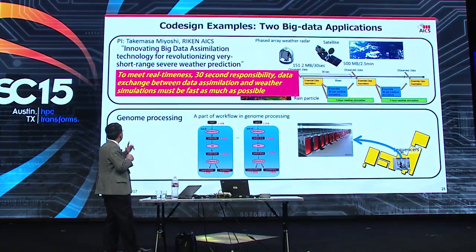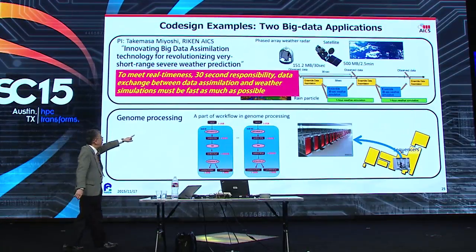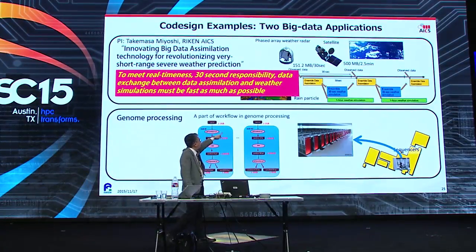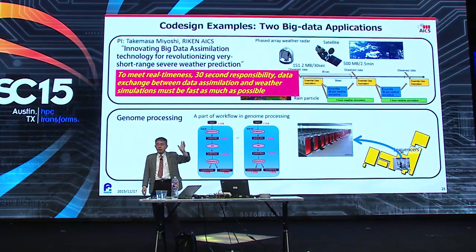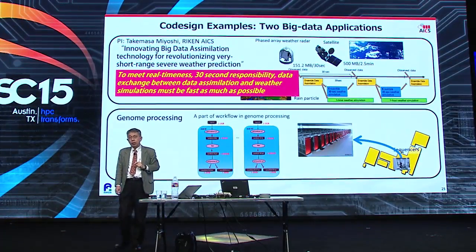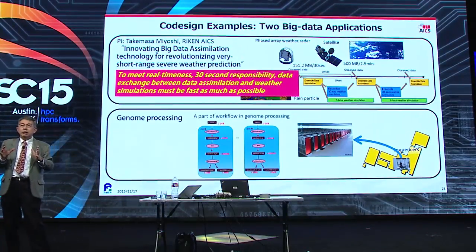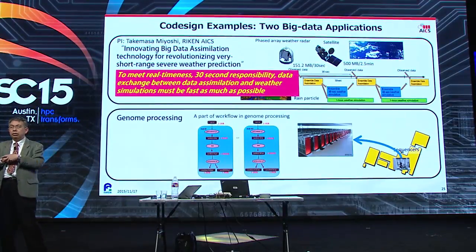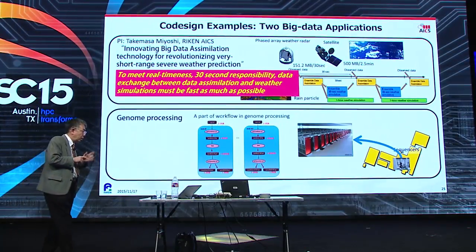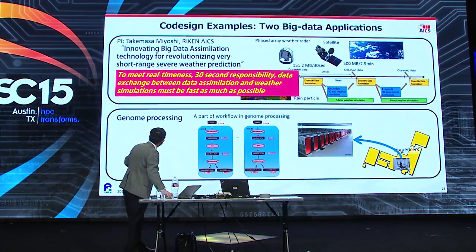Currently, the data transfer between the data assimilation and the simulation is done via the file system. But to guarantee the 30-second real-timeness, we have to reduce the data transfer. So instead of using the file system, data should be transferred to the other side directly. This is one design criterion.